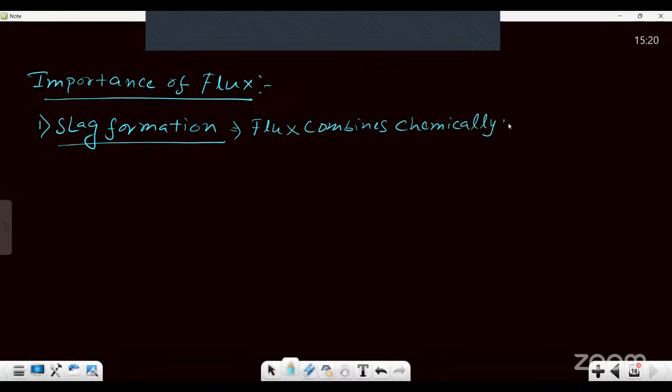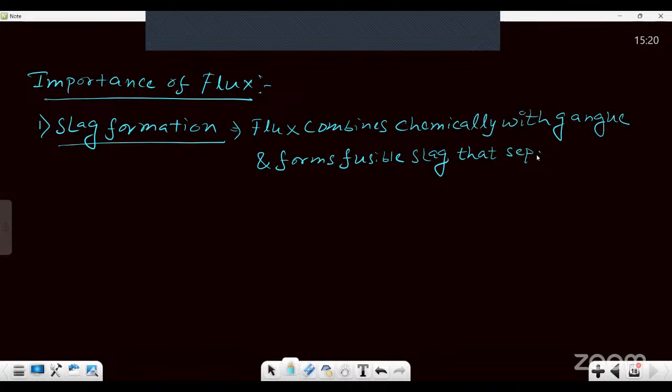Fusible means at that operating temperature, the slag is liquid. Okay, fusible slag that separates from metal. So this is one very important criterion.